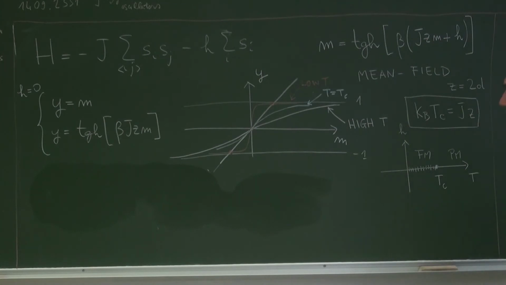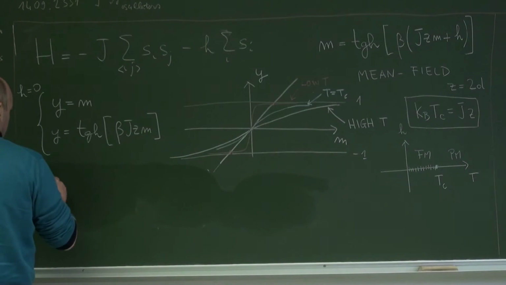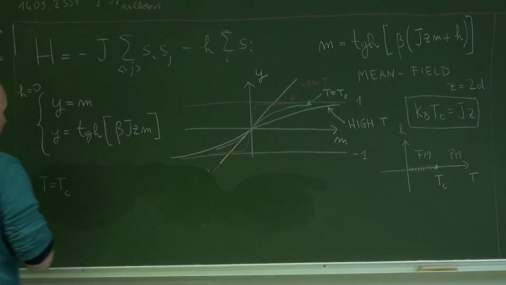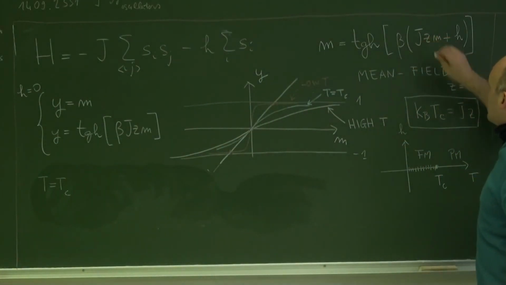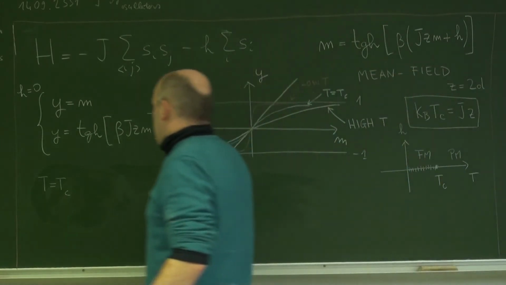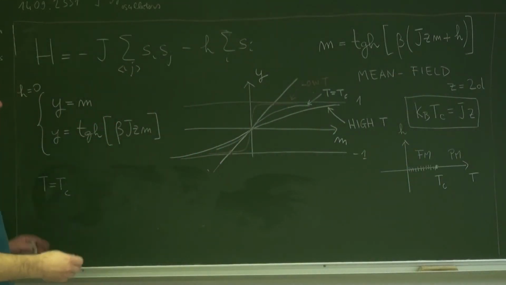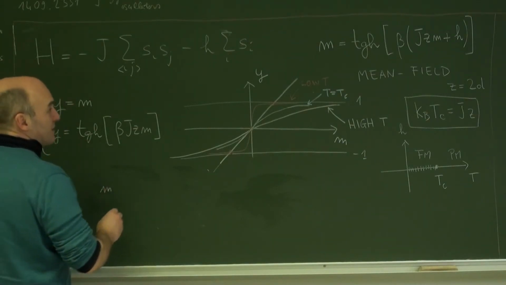For instance, I want to look at T equal to Tc, so let's fix the temperature to Tc. It means that here beta times J times Z is equal to 1. This is our critical temperature. And we are asking ourselves, what is the relation between magnetic field and magnetization?